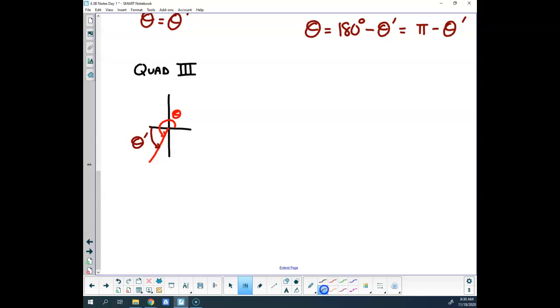Even if this angle were 269 degrees, my reference angle would still come off the horizontal, even though it's only 1 degree more to get to the vertical. So here in quadrant 3, theta is going to be 180 degrees plus my reference angle, or pi plus my reference angle.